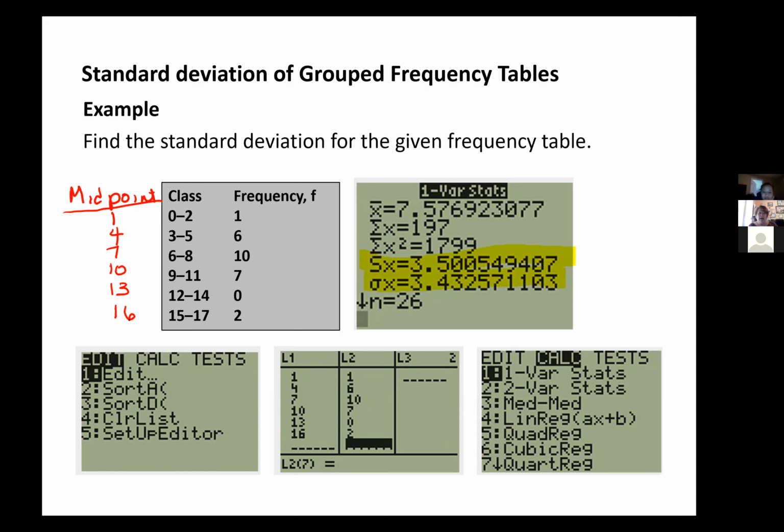based on that. Now, honestly, if you're the one taking the data, you have the raw data before you ever set it up in a frequency table. You know your data, so you can calculate the statistics for your own data. You're not typically going to be given data that's sorted like this.